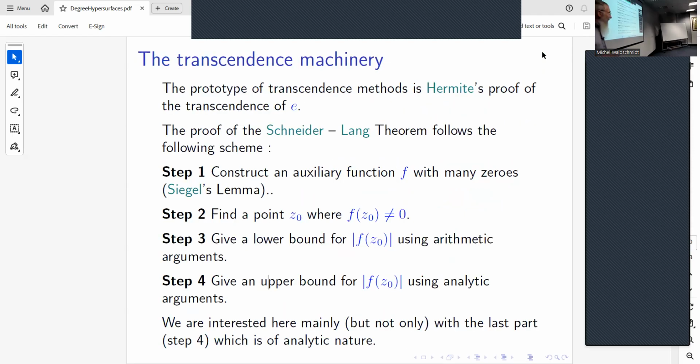So these are the examples of the transcendental machinery: construct an auxiliary function, which is the Siegel principle, use the Schwarz lemma to find the point where the function is not zero, give a lower bound using an arithmetic argument, and then give an upper bound using an analytic argument. And it is in step 4 that this number occurs.